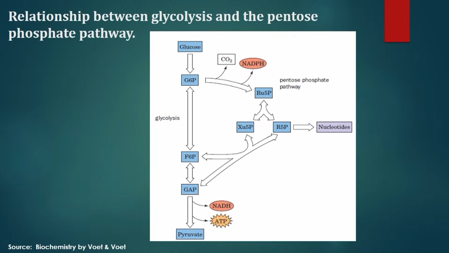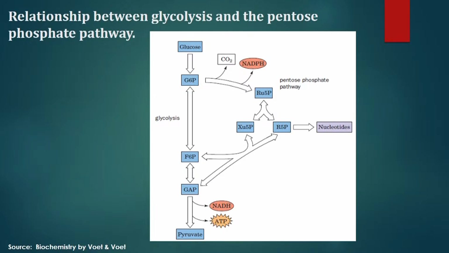So this figure shows the relationship between glycolysis and the pentose phosphate pathway. Here the glucose 6-phosphate molecule, which is an intermediate of glycolysis, enters into the pentose phosphate pathway, where it produces the NADPH molecule and ribose 5-phosphate. Understand?